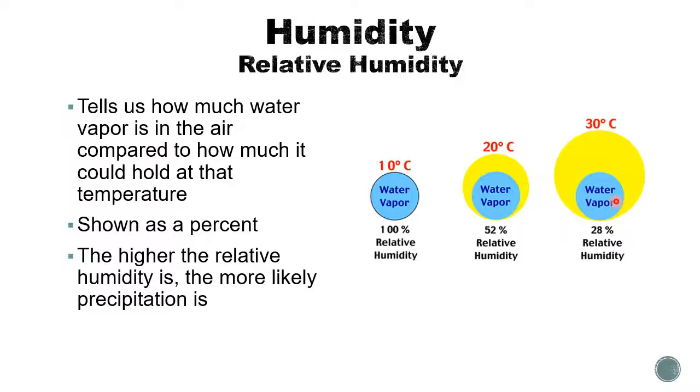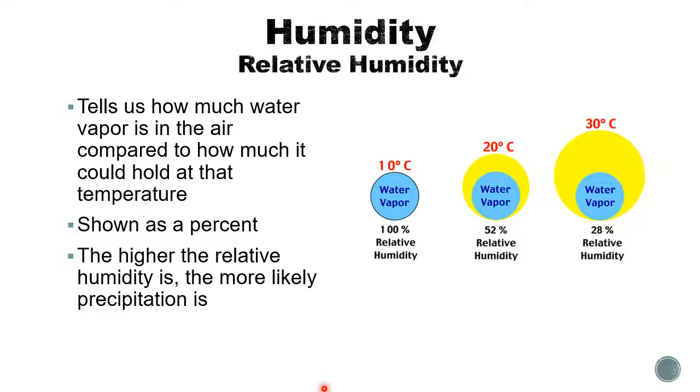Now, if we keep the same exact amount of water vapor over here, but we drop the temperature, we notice now we have 52% relative humidity. Again, keeping the water vapor the same, but dropping the temperature again down to 10 degrees Celsius, I've reached 100% relative humidity.